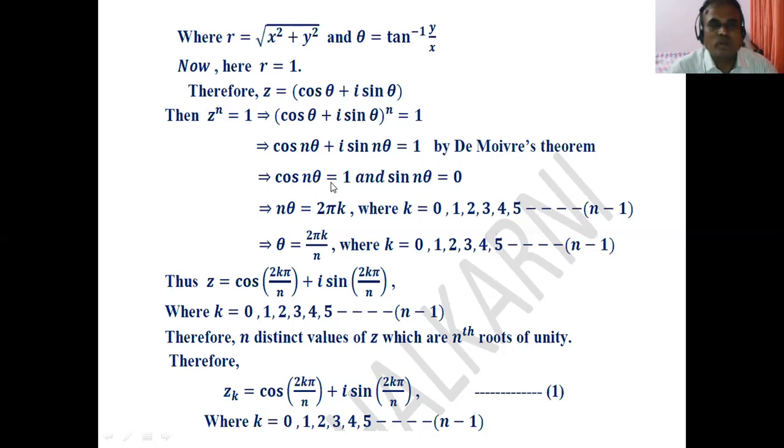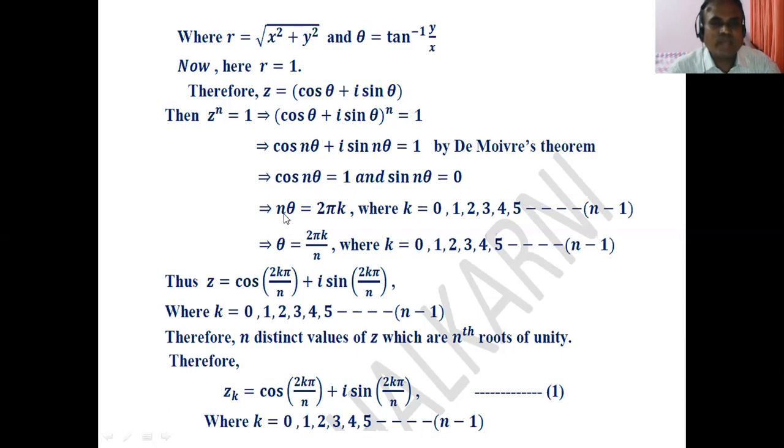Now we find the angle n theta whose cosine value is 1. The angle lies at even multiples of pi, and at even multiples of pi the value of cosine is 1.